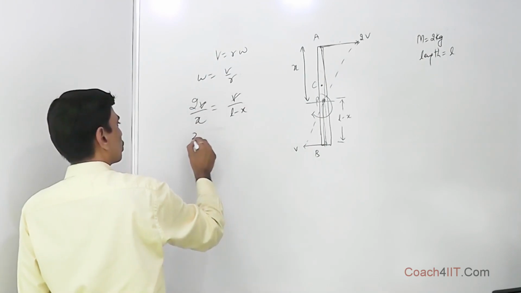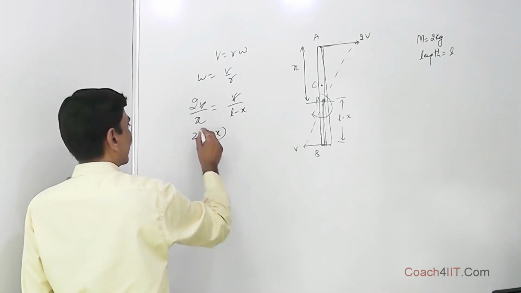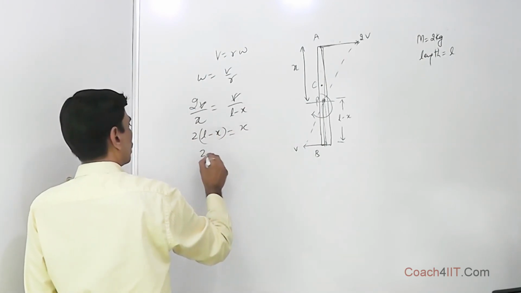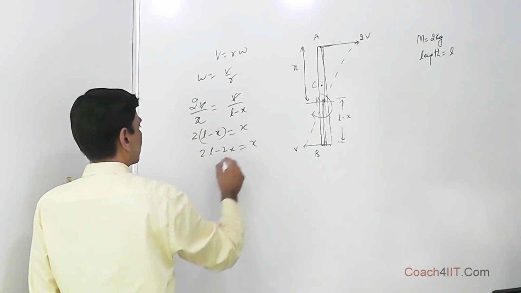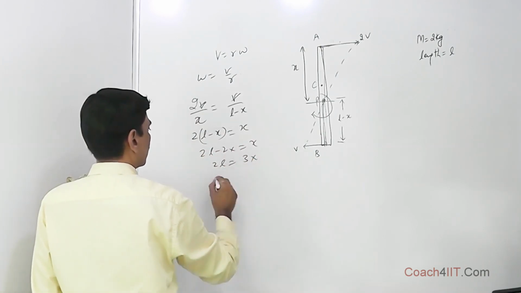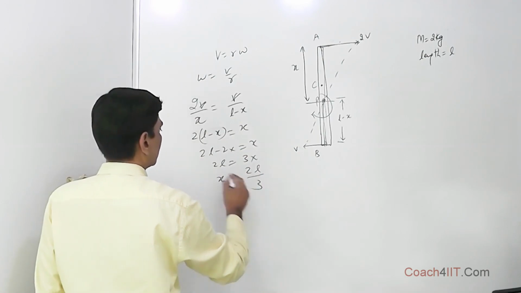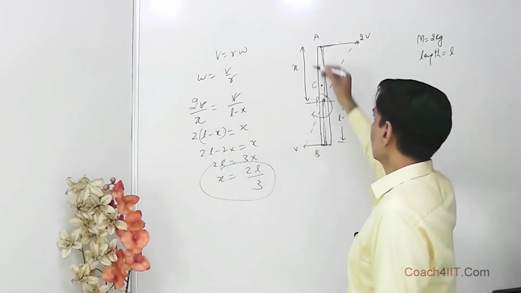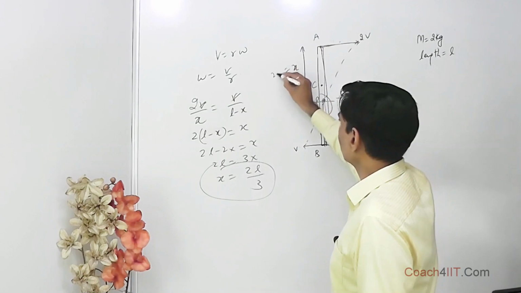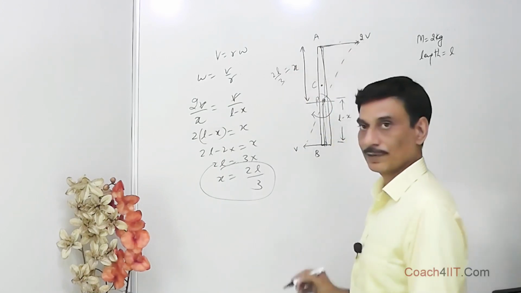V cancels, so 2 into L minus x is equal to x. So 2L minus 2x is equal to x, 2L is equal to 3x, and x is equal to 2L by 3. So the instantaneous axis of rotation is at a distance of 2L by 3 from the end A.